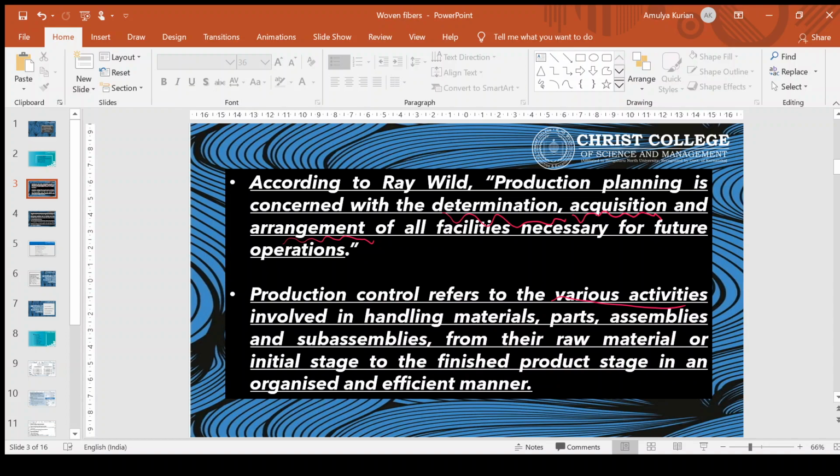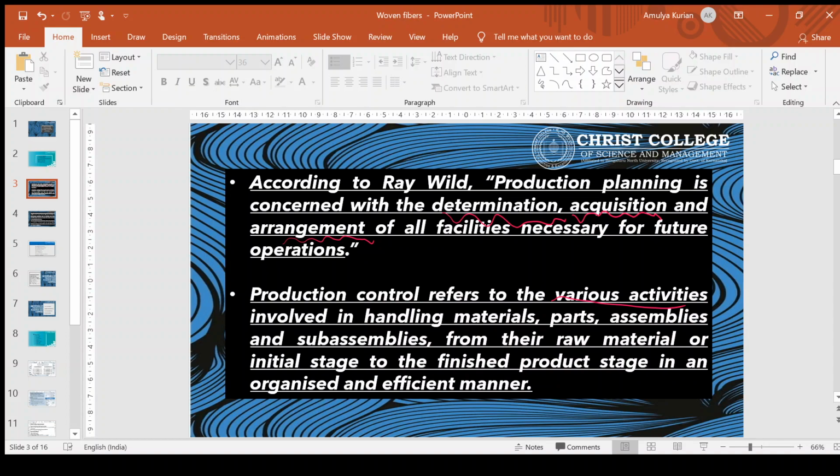It is mainly done to ensure that things are happening in a properly regulated manner. According to Henry Fayol, production control is the art and science of ensuring that all which occurs is in accordance with the rules established and the instructions issued.